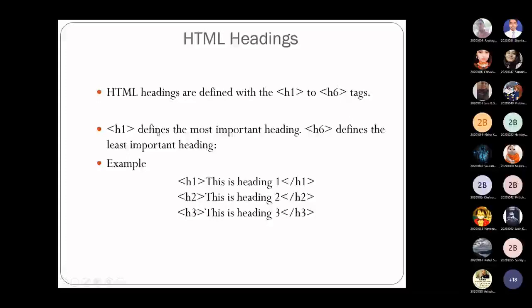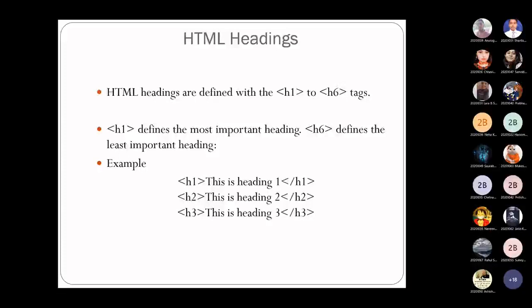H1 defines the most important heading, and H6 defines the least important heading. You may write as many headings as you like, but you choose what is important and what is not so important. On a web page you will see that some large font, some bold font, some colored font is there.